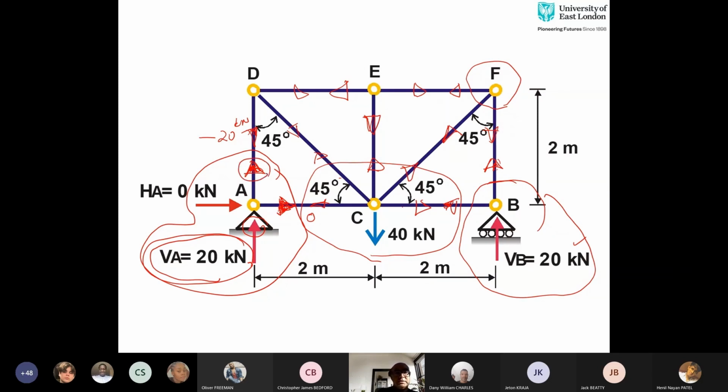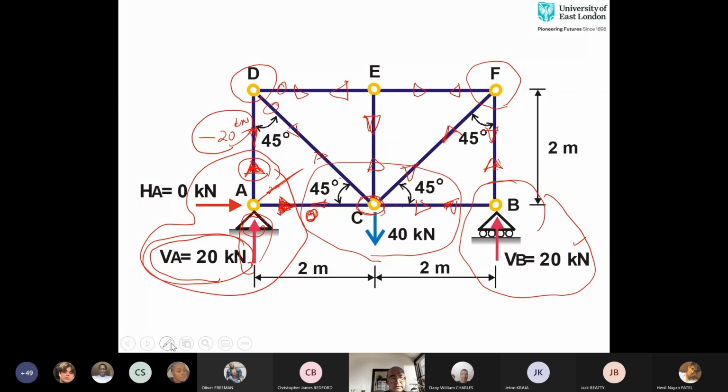So this arrow has to be downward so that forces are balanced over here. And this makes sense that 20 kilonewton is negative. So physically looking at it, you can see that VA is vertical and FAD, the other vertical force, has to be equal and opposite for it to be in equilibrium.